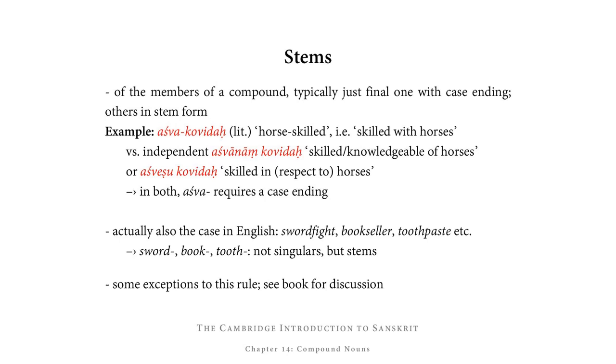Still, the words are not swords fight, bookseller or teeth paste, because the first word that we've got here, sword, book, and tooth, what looks like a singular, actually is not a singular, but the stem of these words. There are some exceptions to this rule that everything except for the final member stands in just the stem, and if you want to know more about those exceptions, you should turn to the book for some discussion.